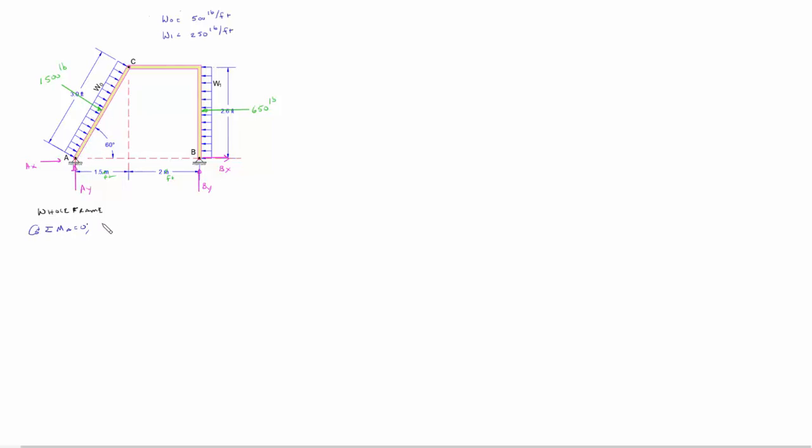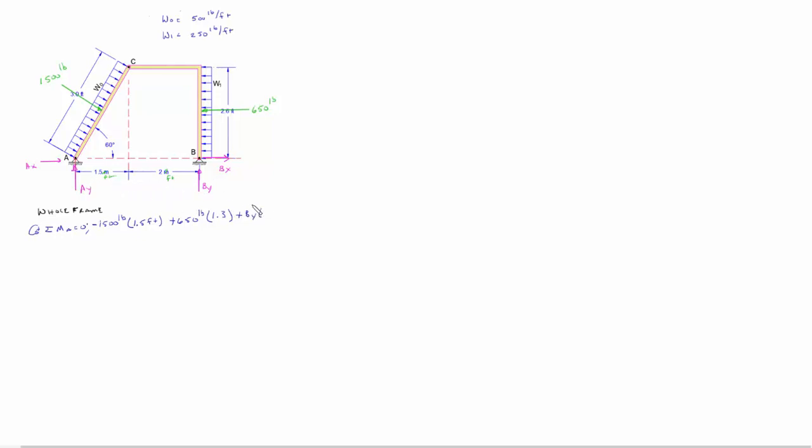And this distance is perpendicular. So this is going to be 1,500 pounds times 1.5 feet, which is going to be rotating clockwise, so this is going to be a negative value. And then I have this 650 pound force, which is going to be positive, times 1.3. And then BY, so that's going to be another positive, because it's rotating counterclockwise.